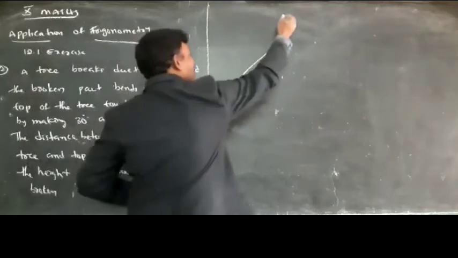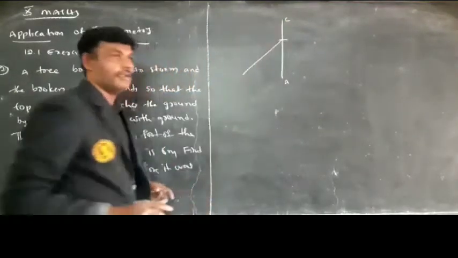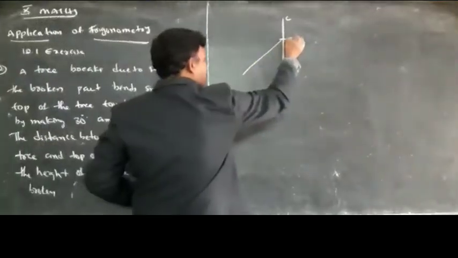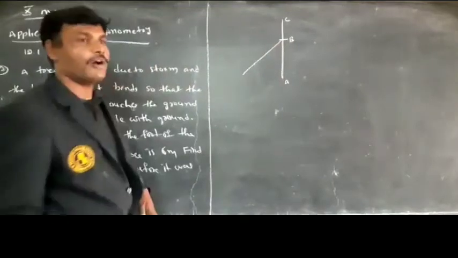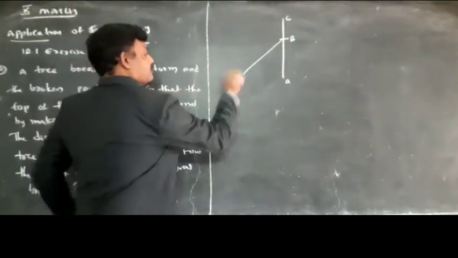By bending this top, for example, A and C, A and C is the height of the tree. It breaks at B. So after breaking, the top of the tree touches the ground at C.